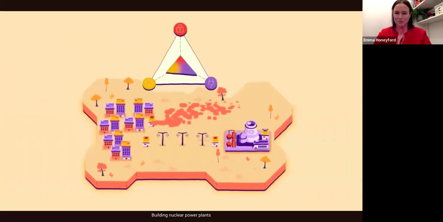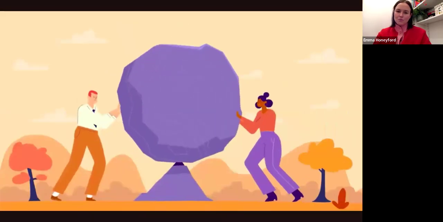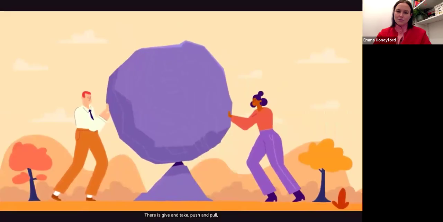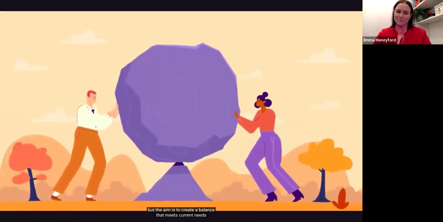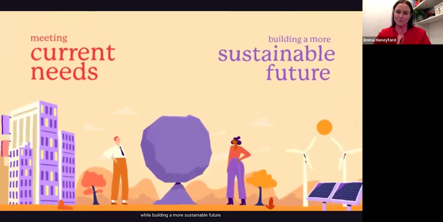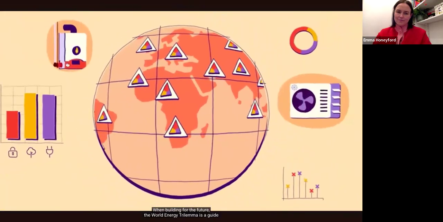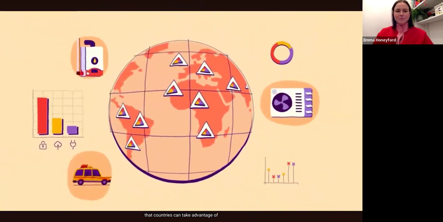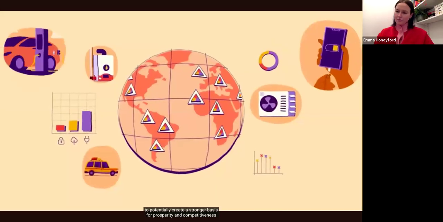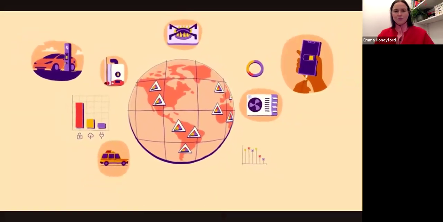Building nuclear power plants may address some of the dual concerns of energy security and emissions, but the upfront costs could lead to higher prices, potentially affecting affordability. There is give and take, push and pull, but the aim is to create a balance that meets current needs while building a more sustainable future. When building for the future, the World Energy Trilemma is a guide that countries can take advantage of to potentially create a stronger basis for prosperity and competitiveness, as well as more environmental sustainability.